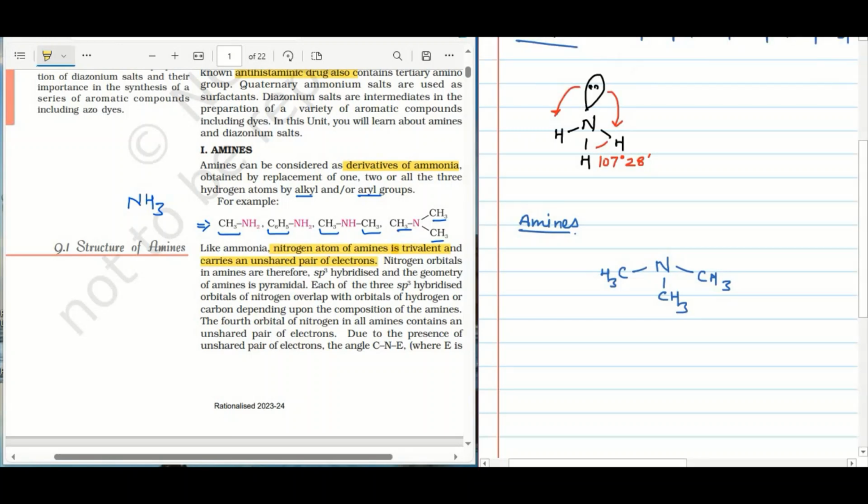These CH3 groups are quite bigger as compared to a single hydrogen, and in amine also there is a lone pair of electrons over nitrogen.